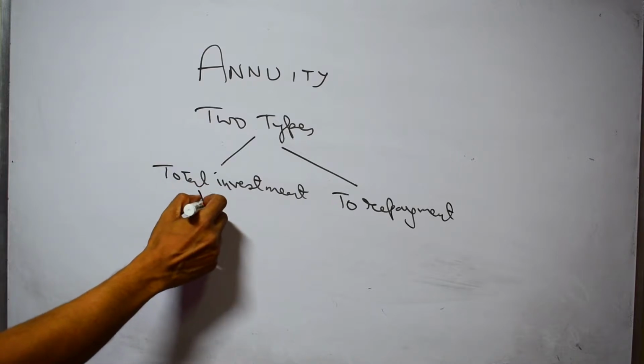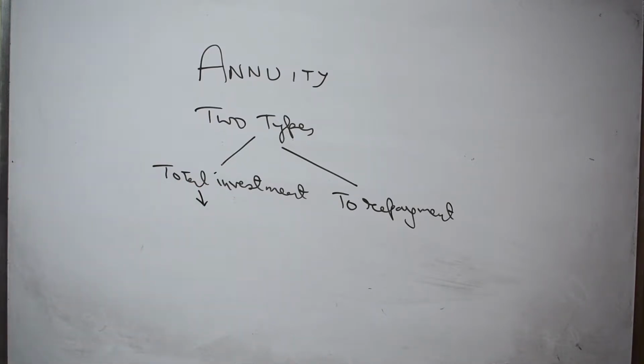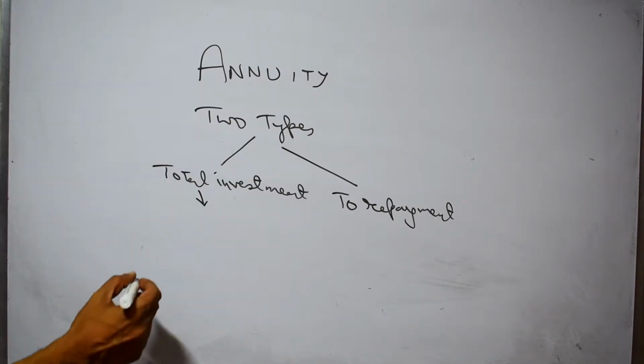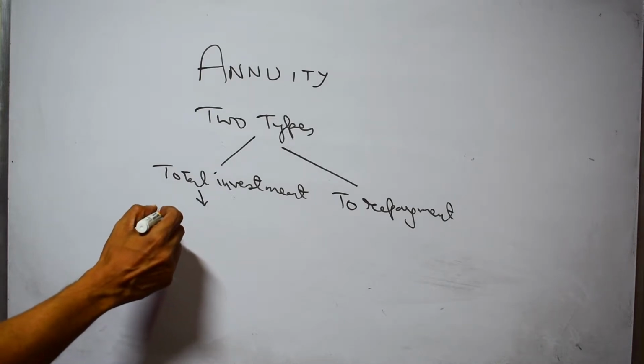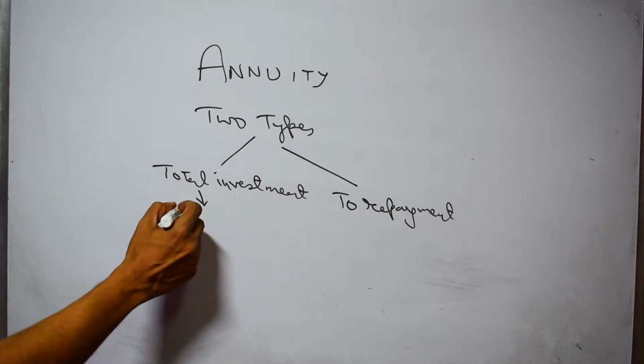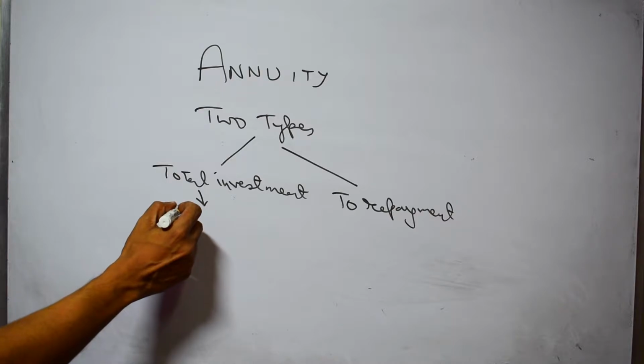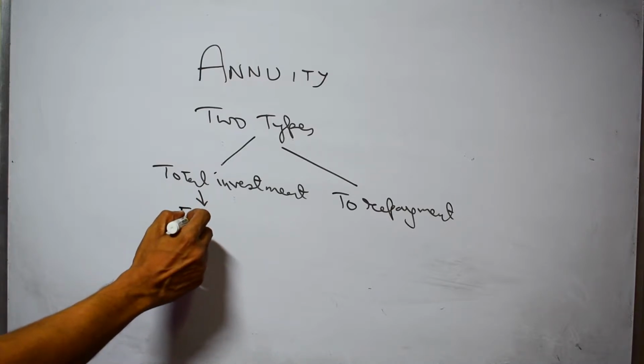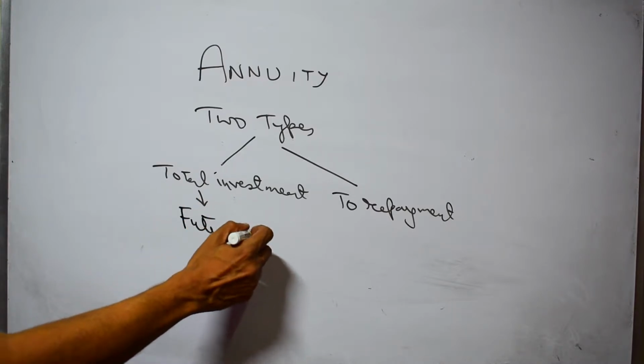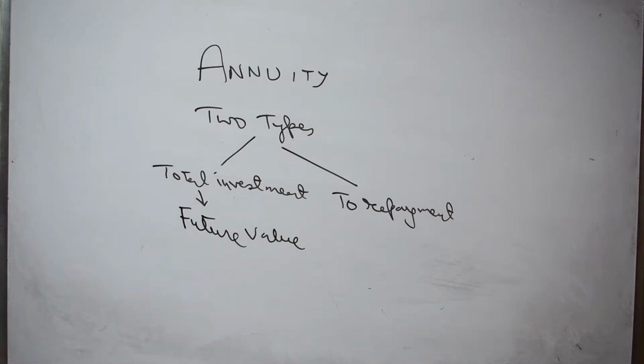Here in the case of investment, when we are investing in the mode of installments, we will be taking the interest at the end of the total time period, and that is called the future value of total investments.